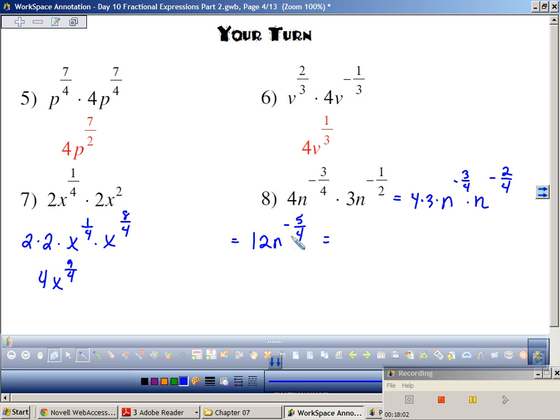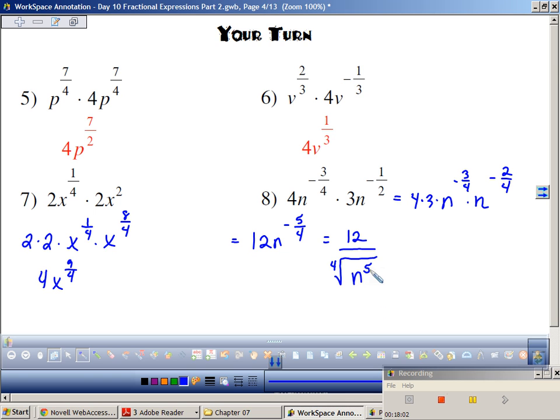I've got a negative exponent, which is positive fraction, so I'm going to say 12 divided by, can I just turn that right into a radical? Yeah. I have n to the 4th, my index is 4, because I'm using 4th roots, that's what we're concentrating on, and I have 5 of them.